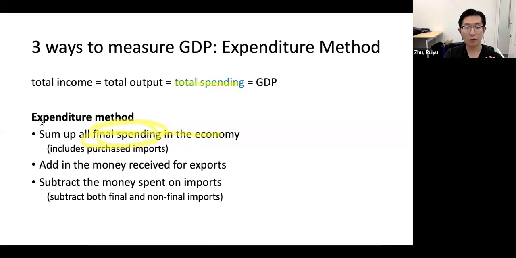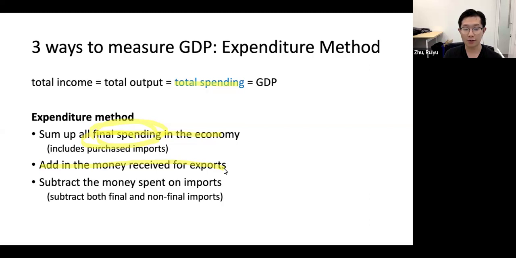When we use this expenditure method, we need to do some further adjustment based on exports and imports. So we need to add in the money received for exports. Why is that? Because the idea of GDP is that we want to measure the production that happened within our country, right?